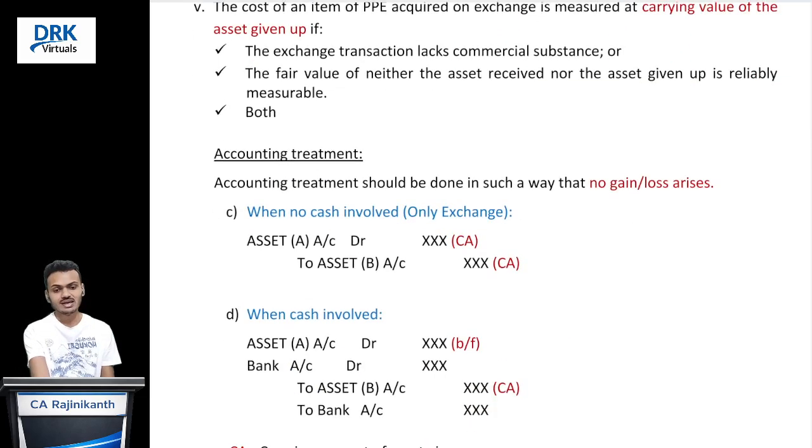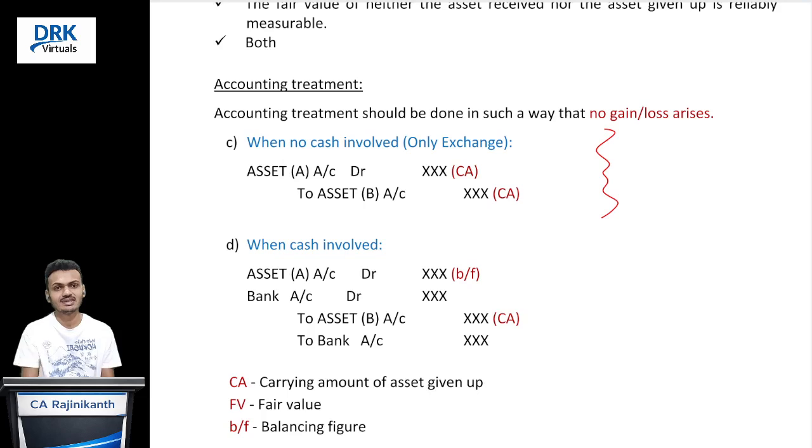For suppose there is no cash involvement, in that case how to do? Firstly you de-recognize your asset and recognize the asset that you are acquiring. At what amount? Simply the carrying amount of your own asset. Recognize the asset that you are acquiring at the carrying amount of the asset that you are giving up. That is what the standard is saying.